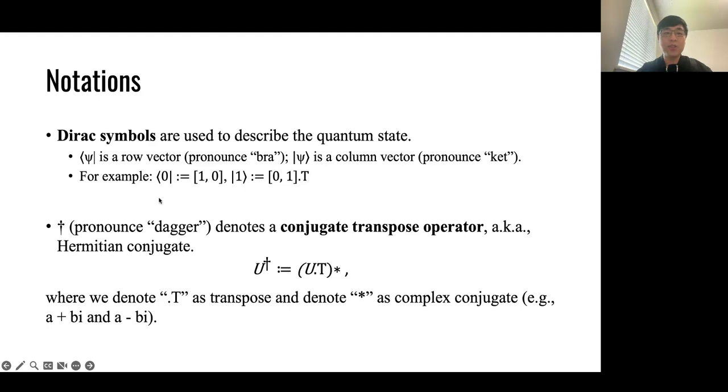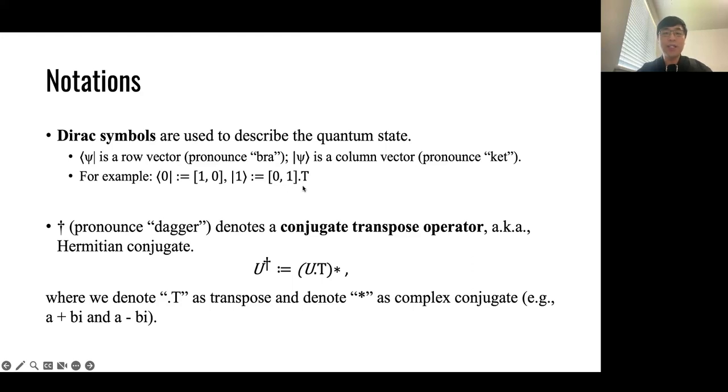Here we show two examples to illustrate the bra and the ket. The bra is a row vector. Here, 0 means that in position 0, the value is equal to 1. Similarly, for the ket, 1 means that in position 1, the value is equal to 1.